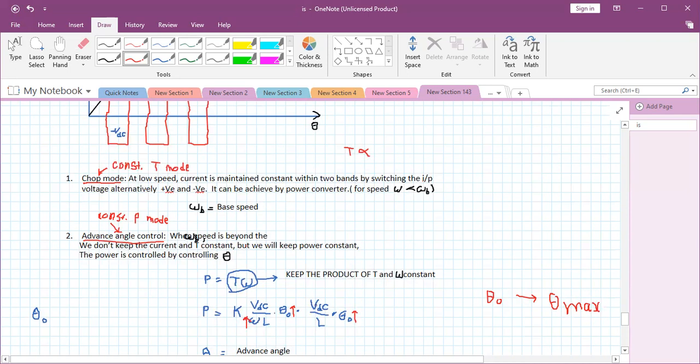Speed is increasing but theta naught is not able to increase. So this strategy is not applicable when theta naught has achieved its maximum value.